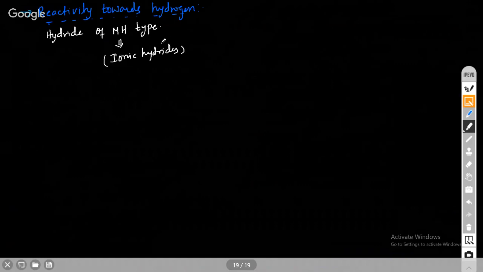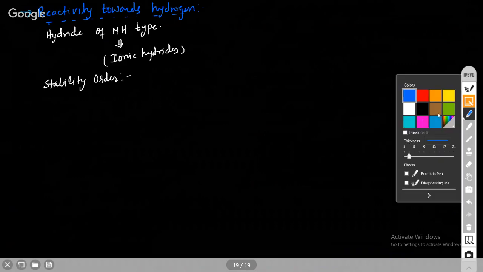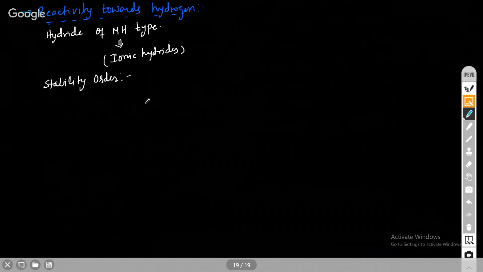If you see the stability order of these hydrides, that will be maximum for LiH. The same factor: size increases, stability decreases.